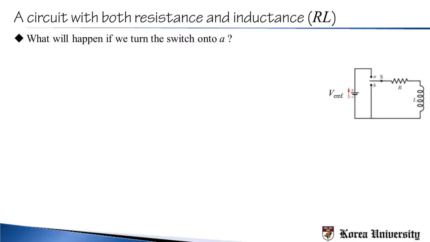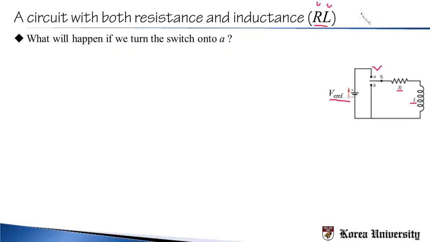Okay, in this slide, we will see how the self-induction effect appears in simple circuits. By simple circuits, I mean a circuit including an EMF device and a switch and a resistor and an inductor. We call this an RL circuit, the resistor and an inductor.